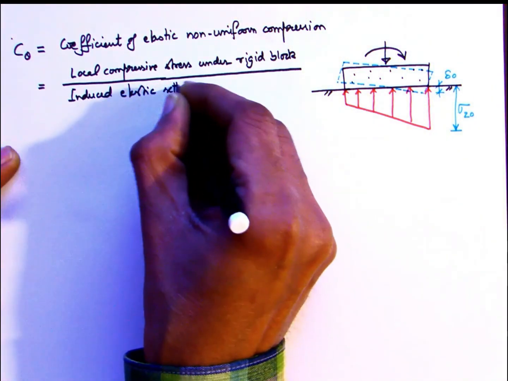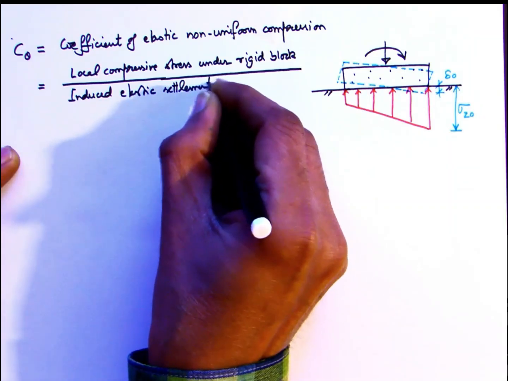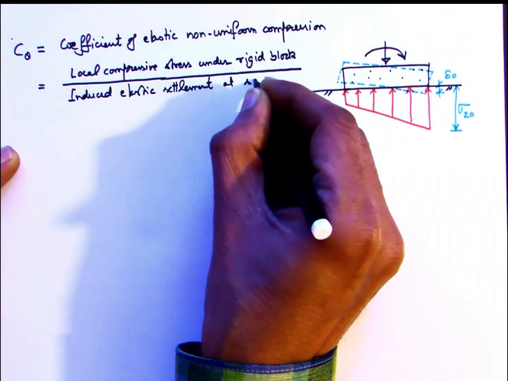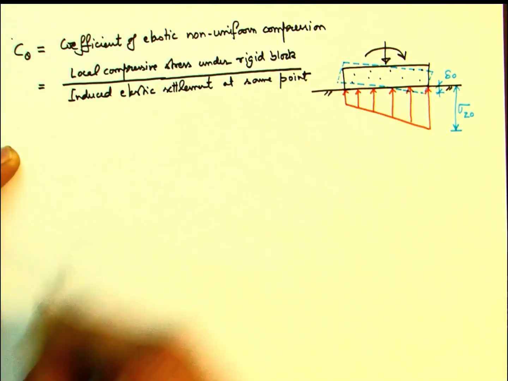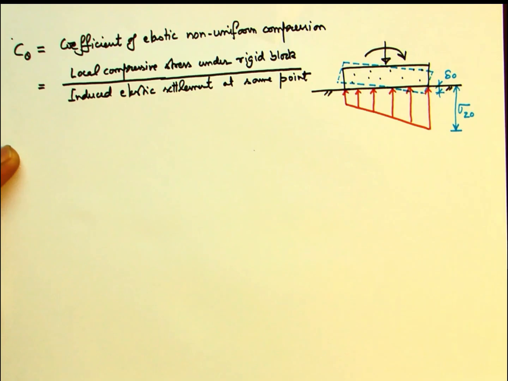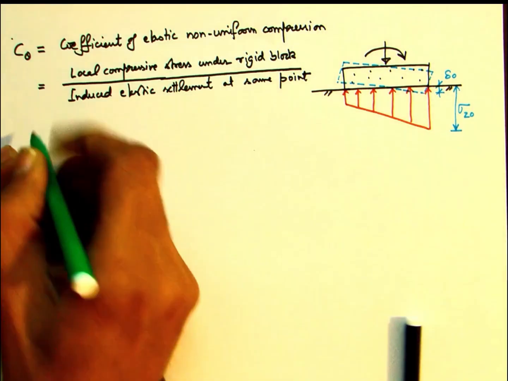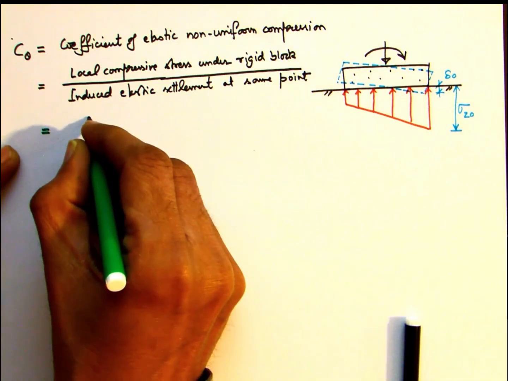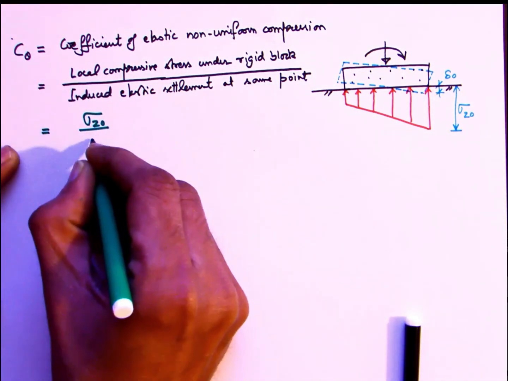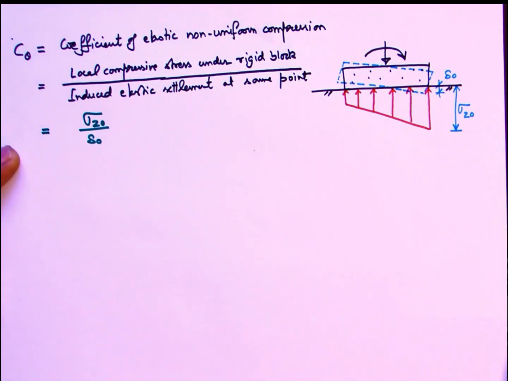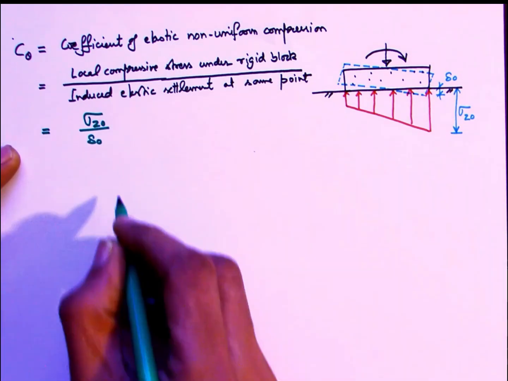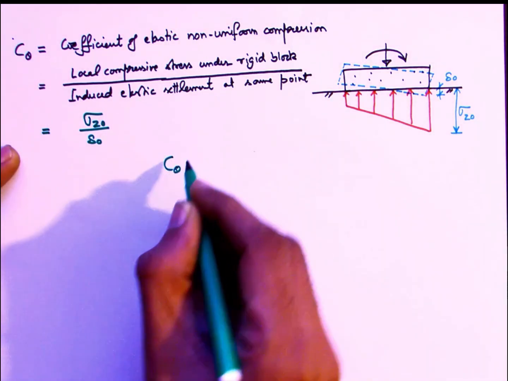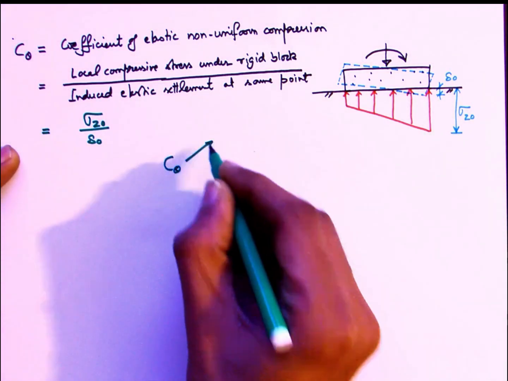Hence, being non-uniform in nature, we find the stress and the corresponding elastic settlement at some particular point. For example, here we are considering the extreme right point where we have the maximum stress. So for that particular consideration, C theta will be sigma z naught by delta naught. Again, the unit is kilonewton per cubic meter.